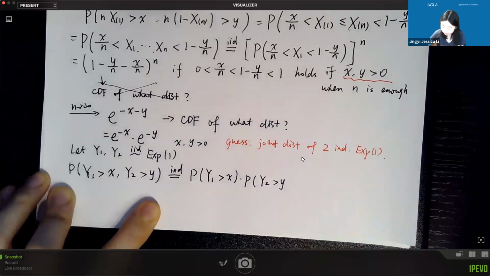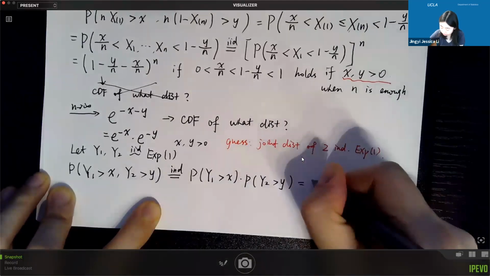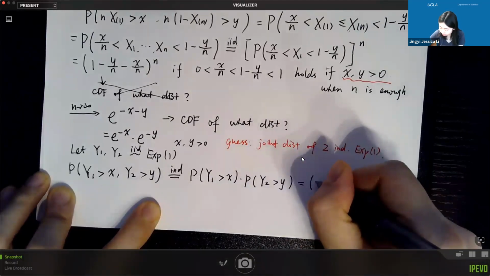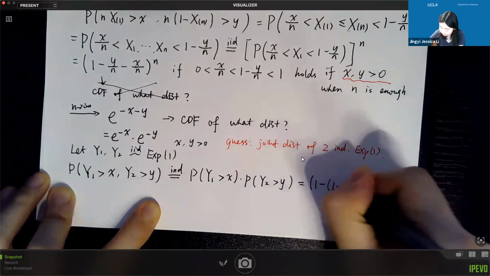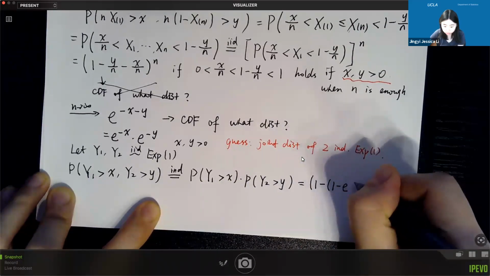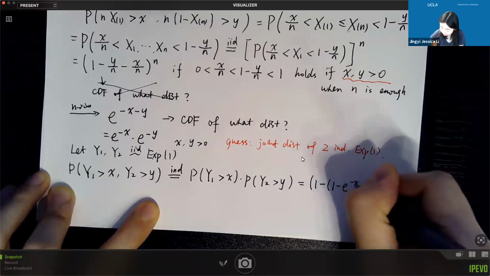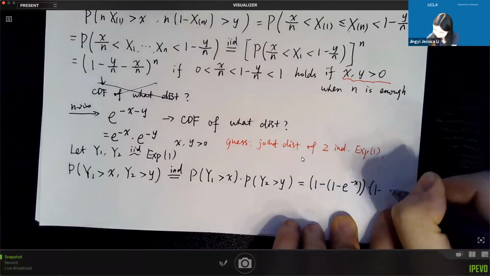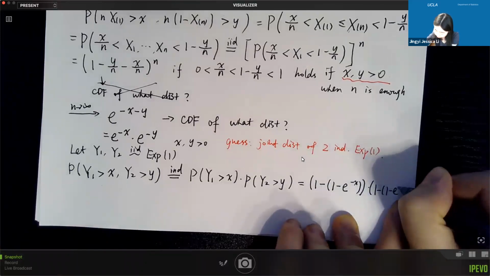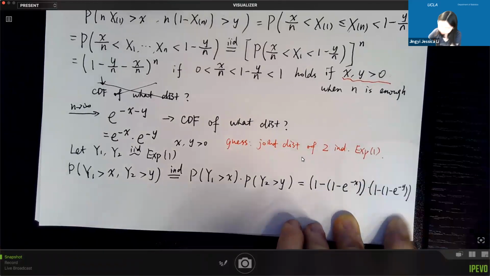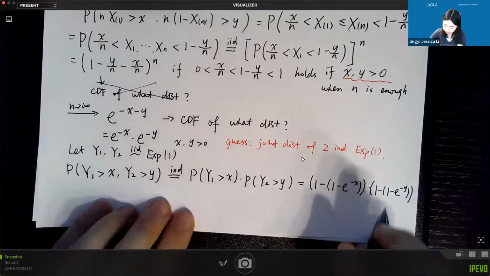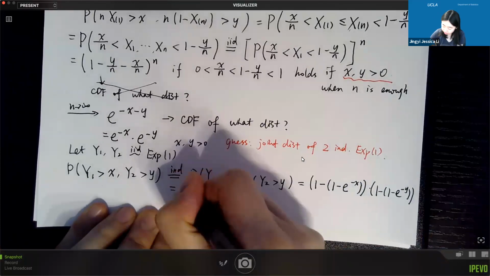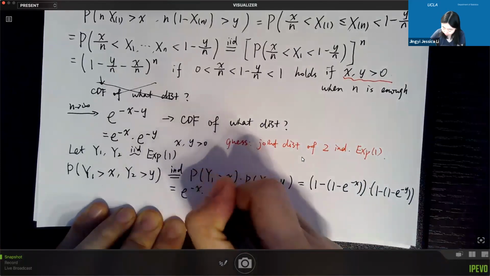And this would be based on the CDF function of exponential 1. It's actually 1 minus 1 minus exponential to the power negative x. That's this one. And the second term is 1 minus 1 minus exponential to the negative y. Then you can easily see that this is exactly exponential to negative x times exponential to negative y.